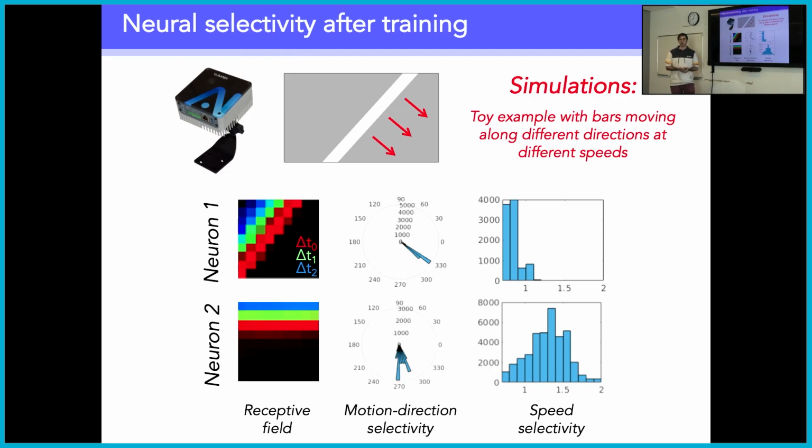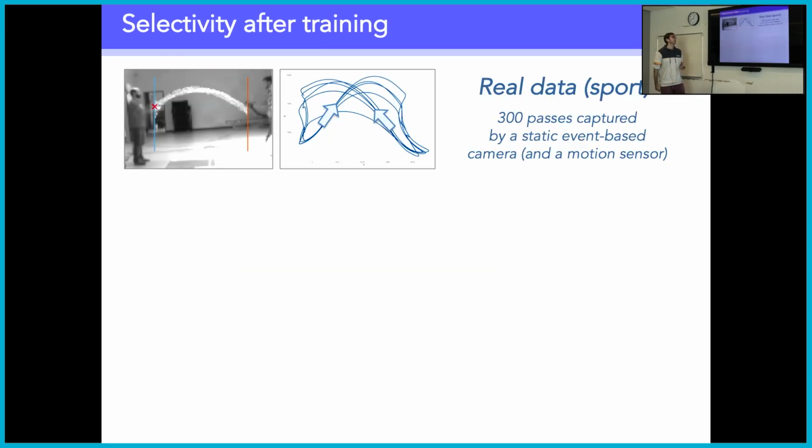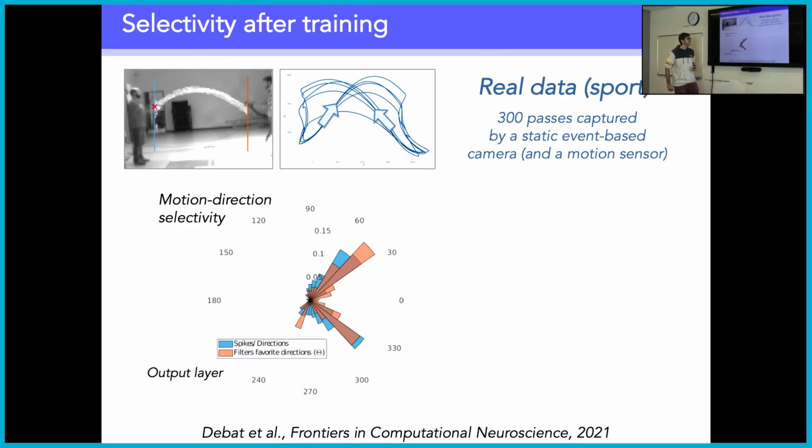So in terms of the population code, it's feasible to extract from the response of the network the local motion and local velocity in the inputs. If we apply that to the real data, collected by Robin and Guillaume, you can see that the ball is moving in these two directions, and these are the selectivities of the neurons after training.